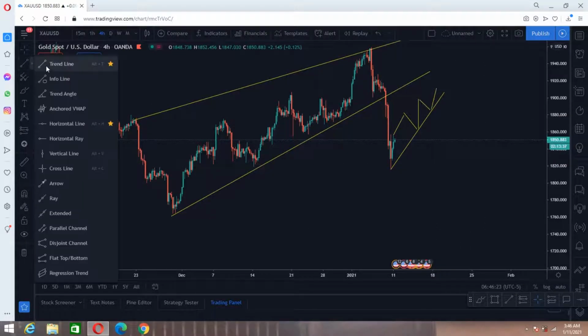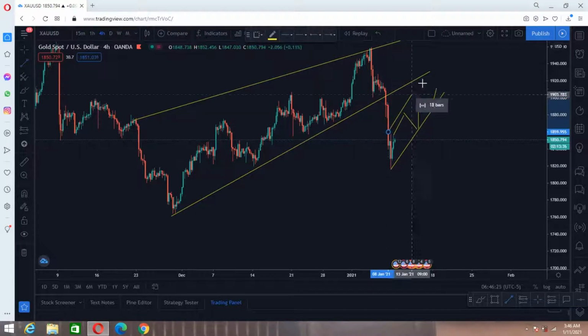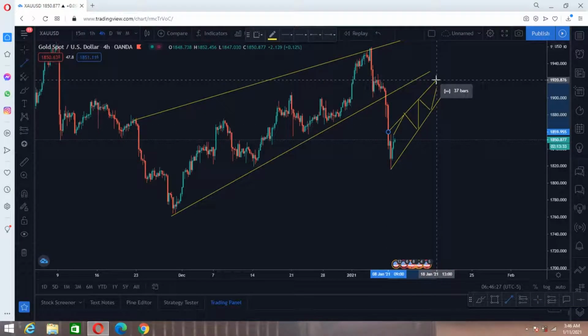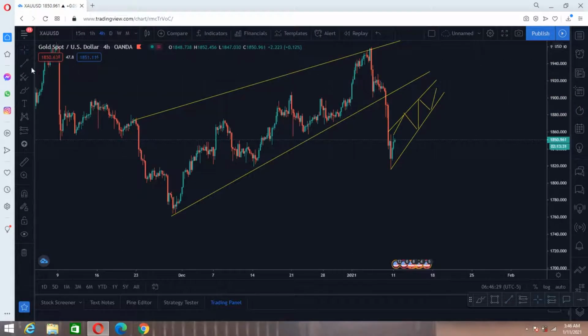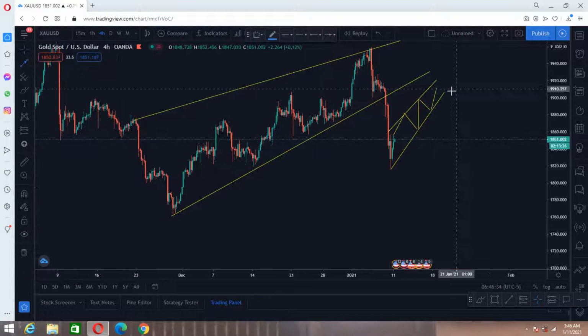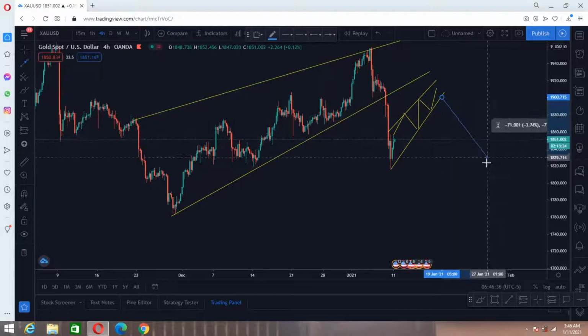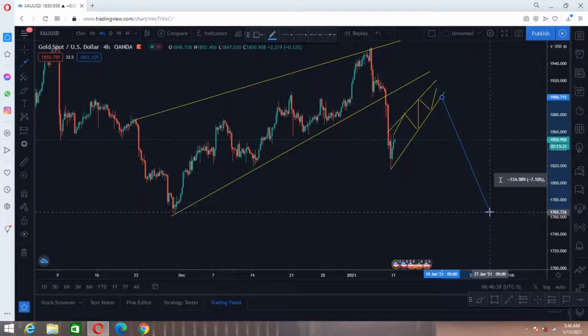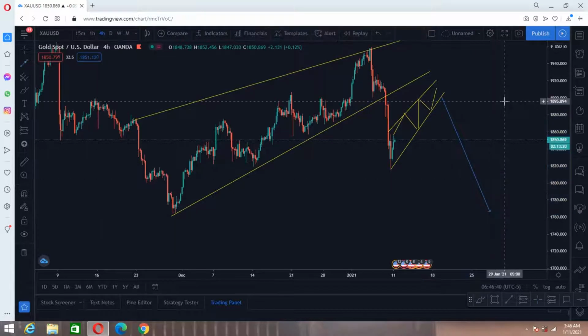If it breaks that zone that I just showed you, then this is what I'll be expecting, a reversal pattern. And then we know that we're going to the downside.